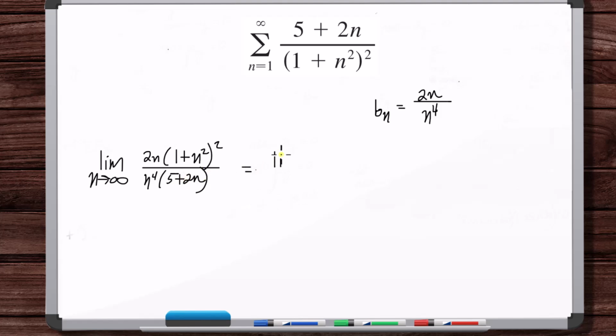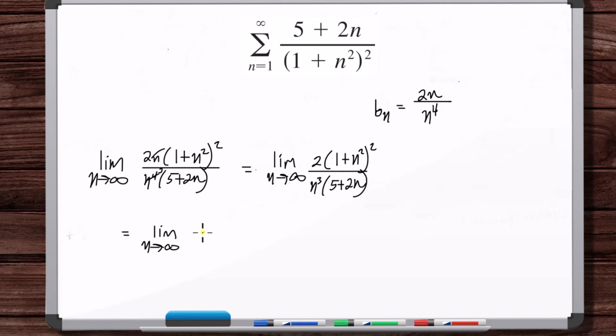Okay, and so here we want to expand this out. So we've got 2 and then 1 plus 2n squared plus n to the 4th. And then here we've got 5n cubed plus 2n to the 4th.